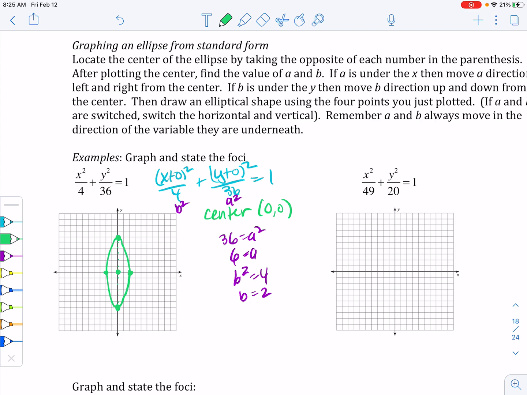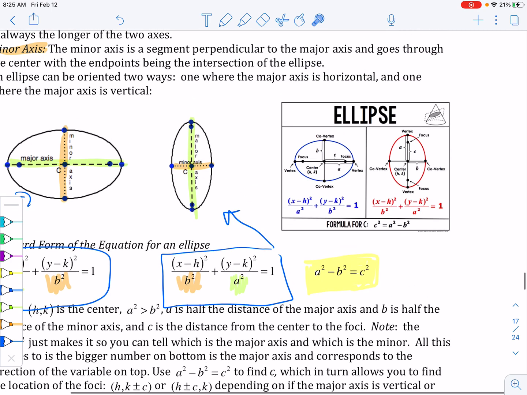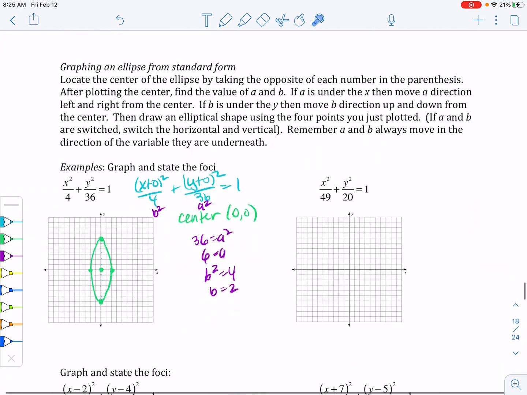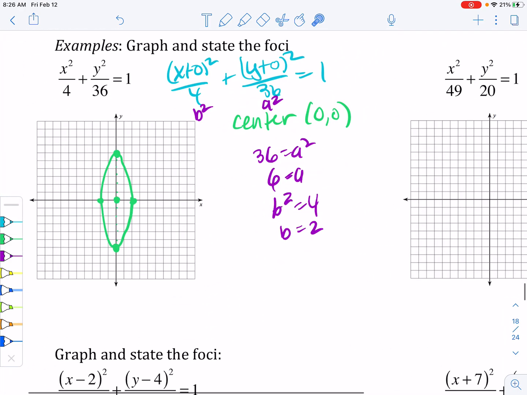Now, we also want to be able to state the foci. In order to find the foci, we need to be able to find our c value. Because remember, if we look back at our picture, from the center, adding the c value gets us to the foci. So we're going to use a squared minus b squared equals c squared.